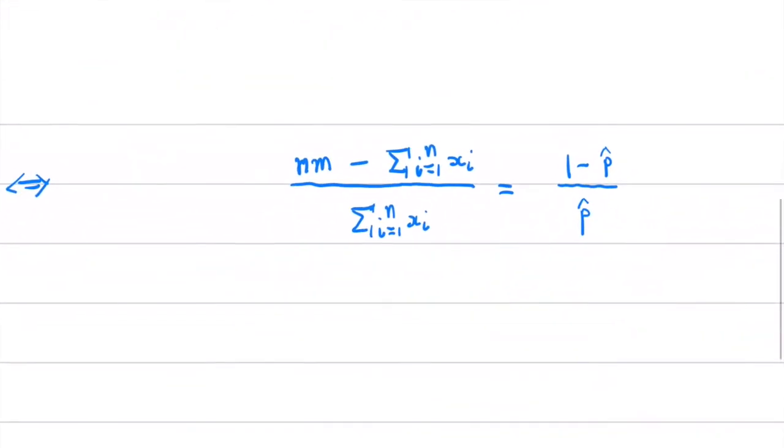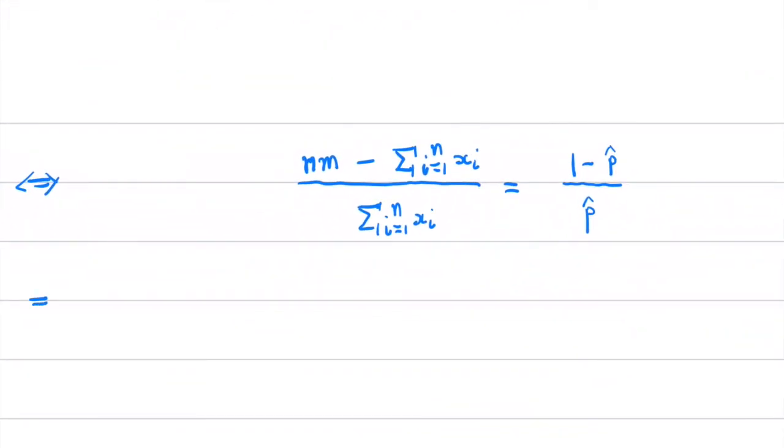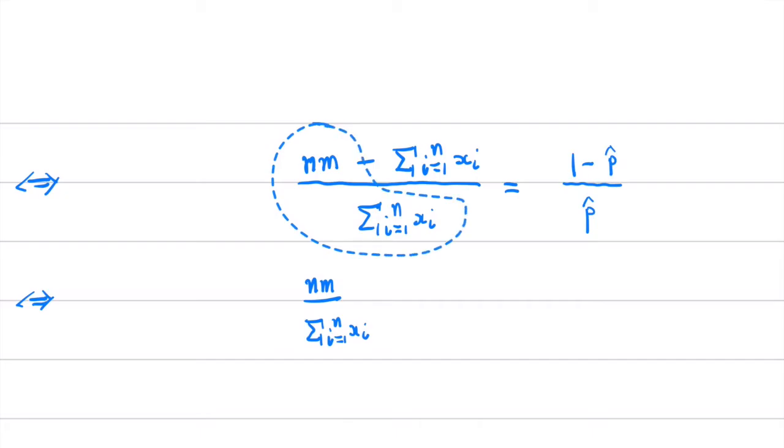And we're almost there. What we're going to notice now is that I'm going to do some simplification, and then this becomes nm over the sum of i equals 1 to n xi, and that's that first bit of the fraction.